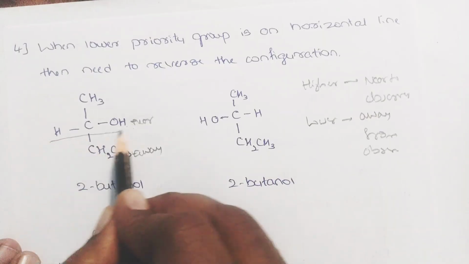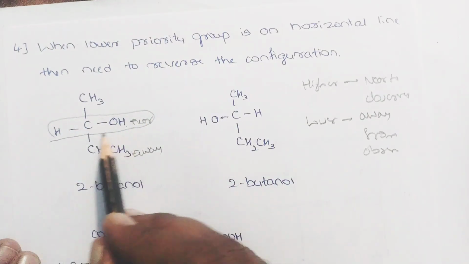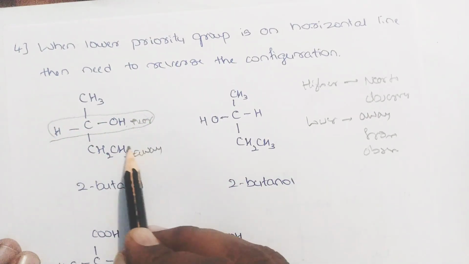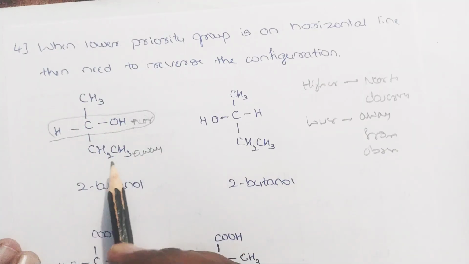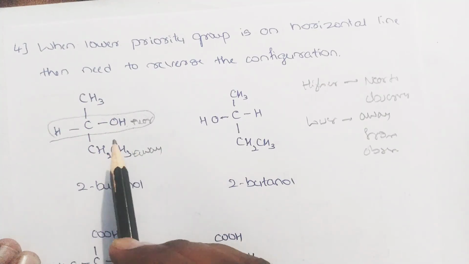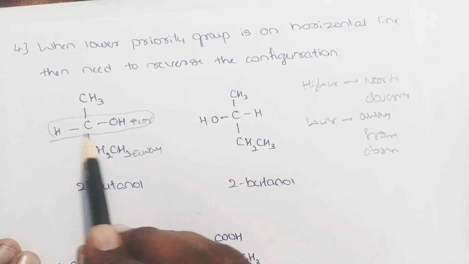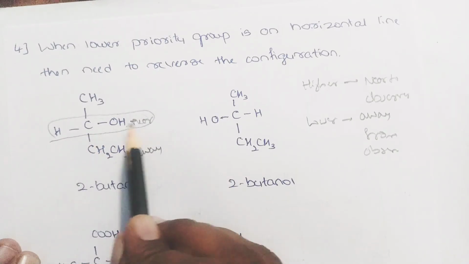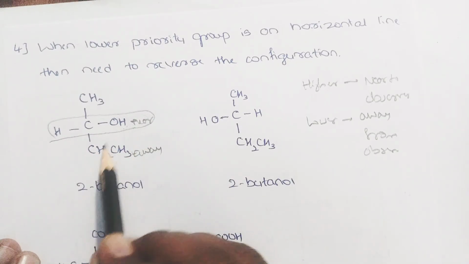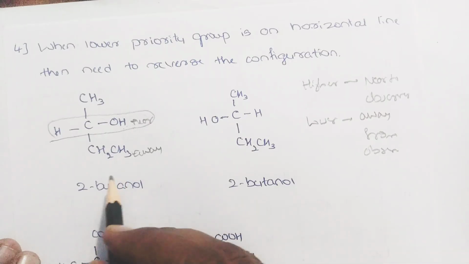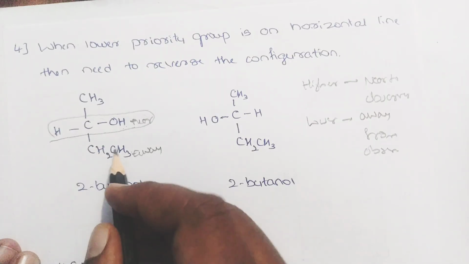Means these groups are nearer to the observer, these are away from the observer. But when the lower priority group is nearer to the observer, then we need to reverse the configuration. See, first we have to give the priority number.